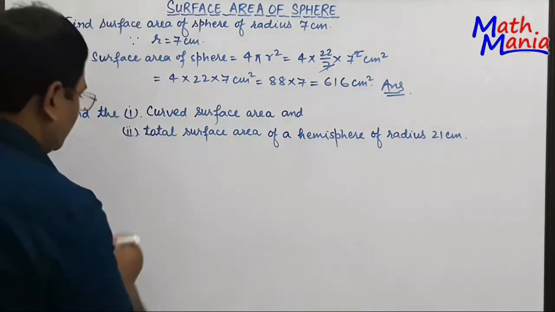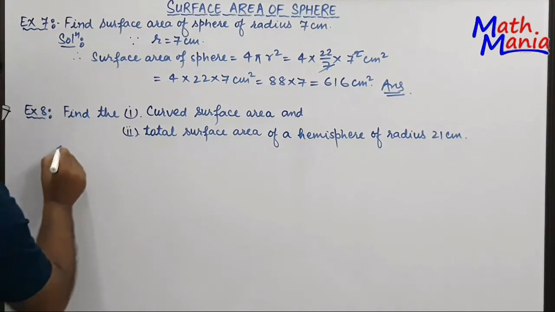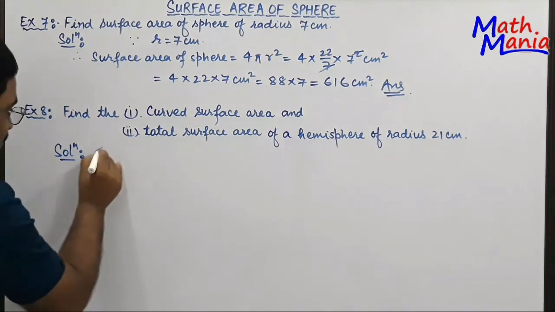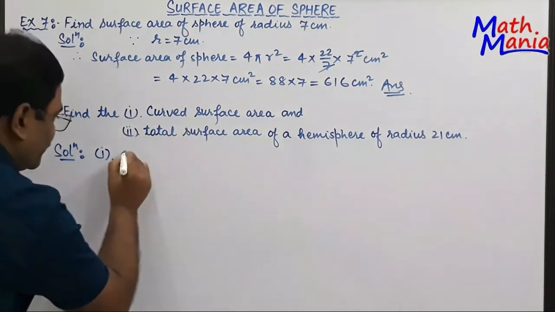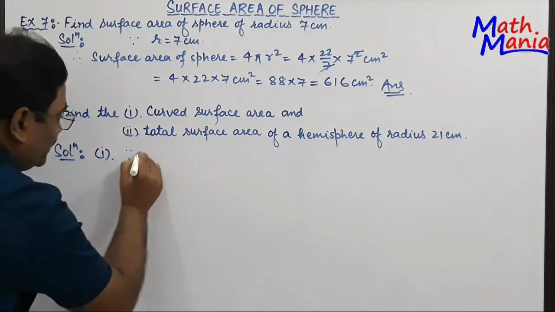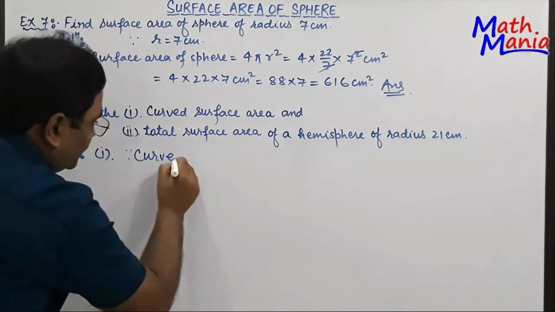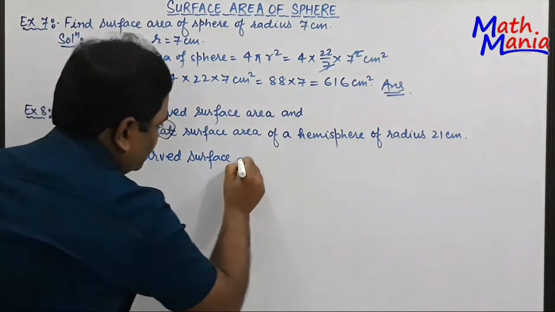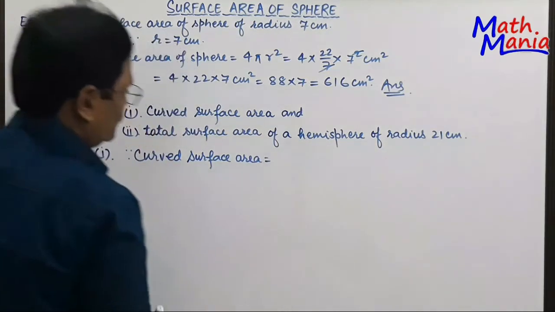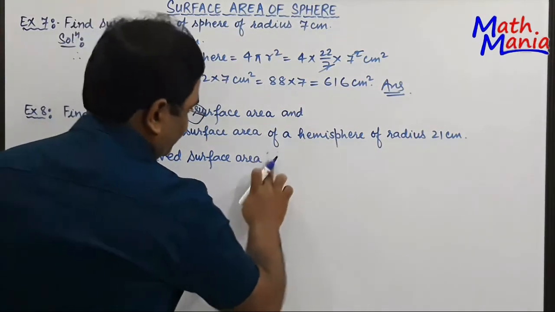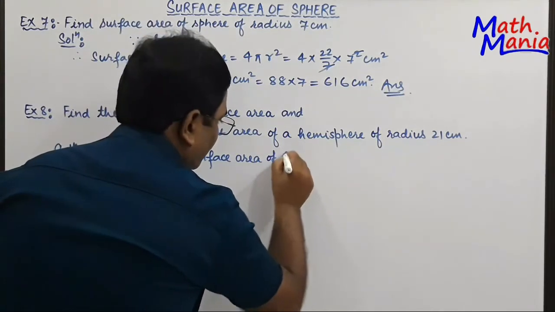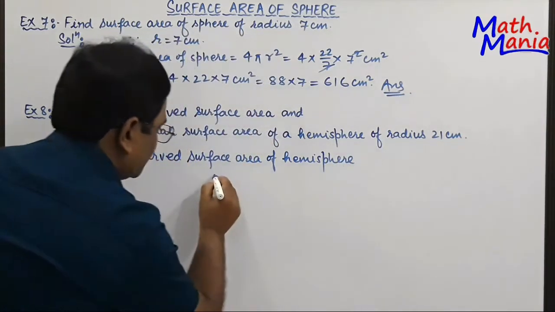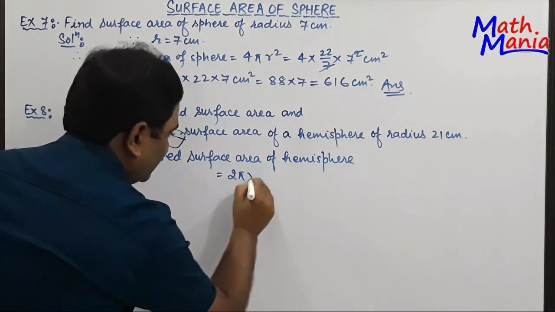So for the first part, the curved surface area of the hemisphere, since you know the formula, is equal to 2 pi r square.